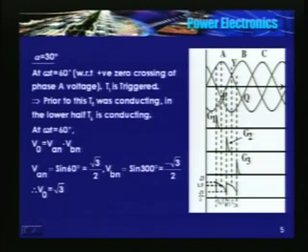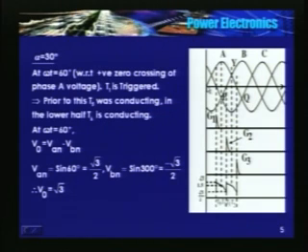Okay, refer to the bridge which we drew yesterday. So VAN is proportional to sin 60. Mind you, alpha is measured with respect to this point, but then we need to find the instantaneous value of the corresponding phase with respect to its zero crossing.